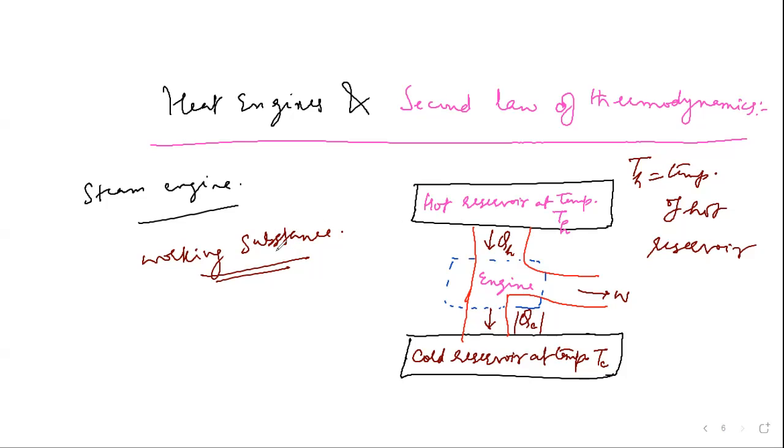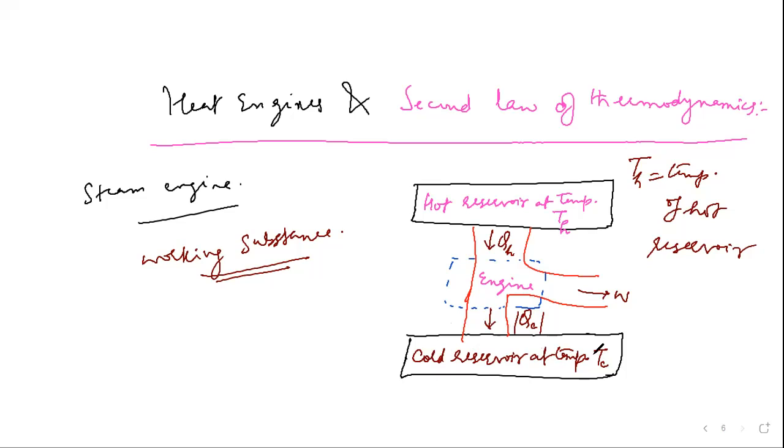Then it undergoes some process. During that process, it does some work for me. W is the work done by the engine. When it does work in the process, it also rejects some heat. That heat rejected is my mod of QC. And that heat is rejected by the engine to other system. That system is represented by cold reservoir.